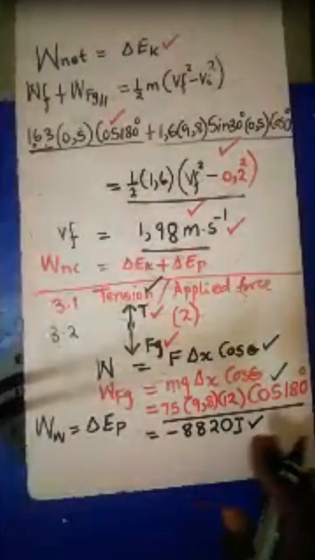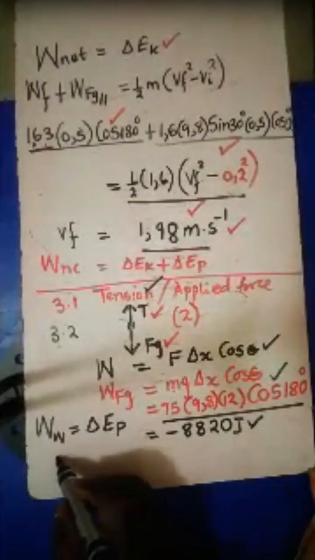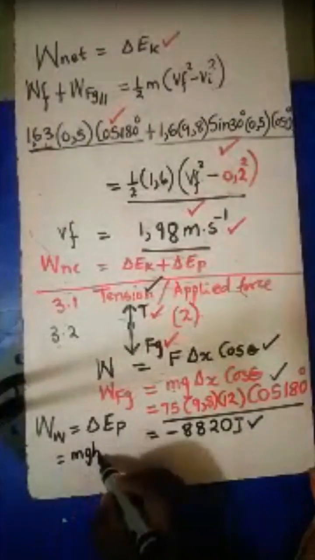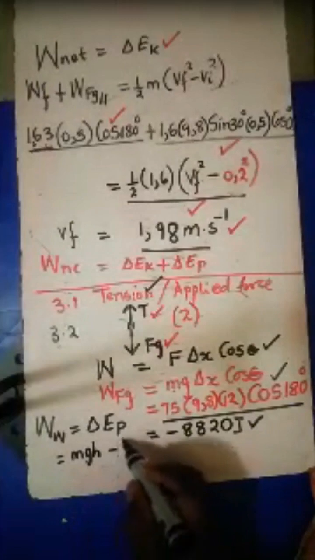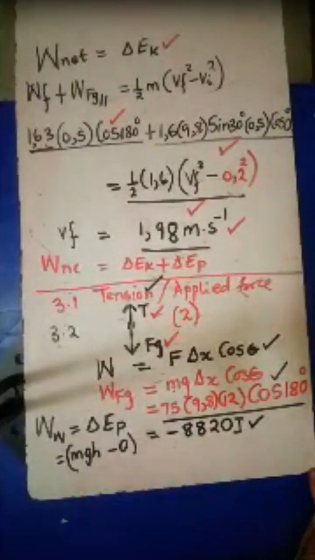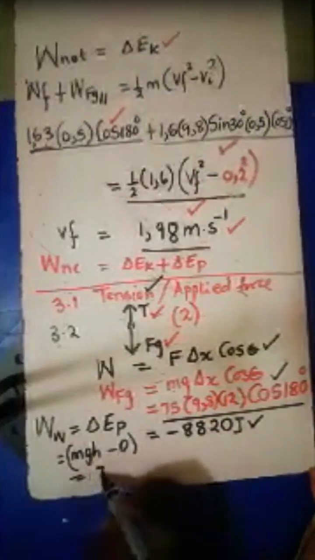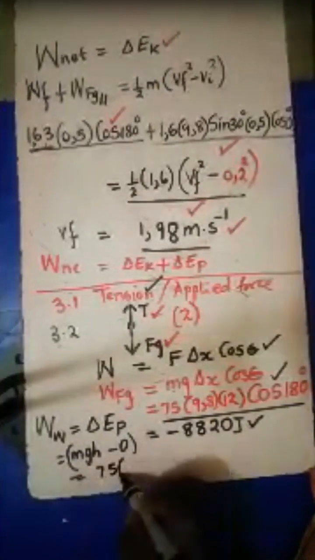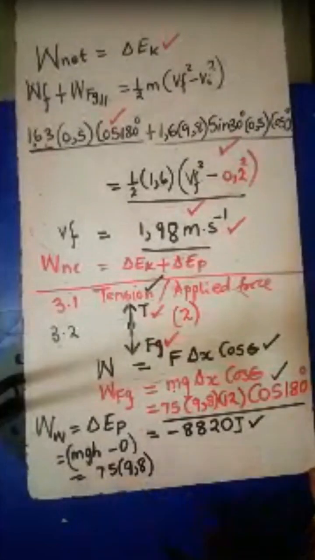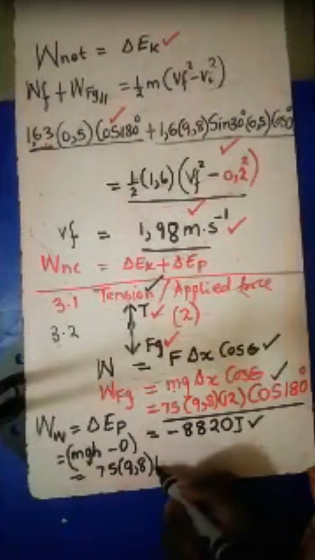You might have used this approach, change in EP. So which means change in EP, the height, remember, is MGH minus 0. Why 0? Because this object was on the ground. So your mass is 75. Your G is 9.8. Your height is 12.